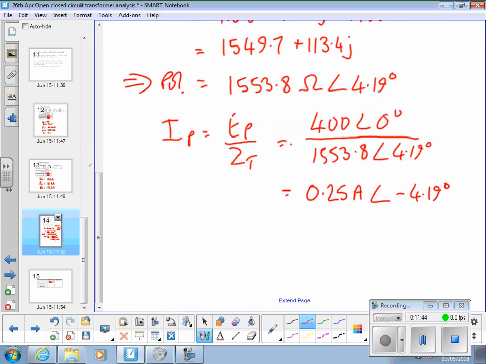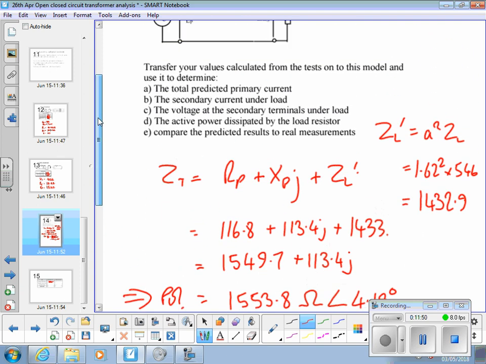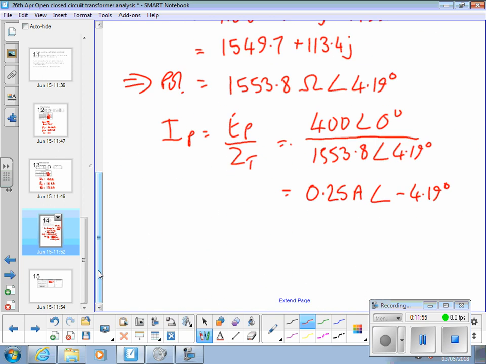So, we've found the current, 250 milliamps. Secondary current under load. How do we find that? Because IP is equal to I2 dash. So if we multiply it by A, we transfer it back to the secondary.